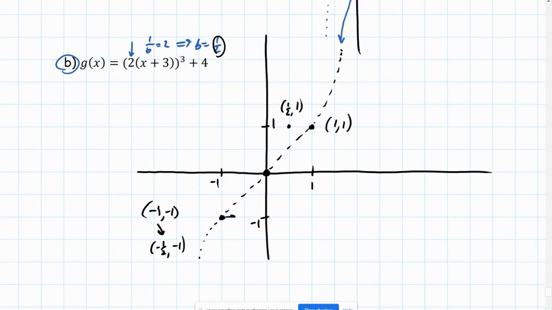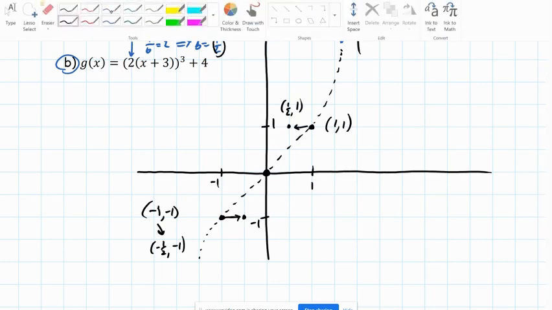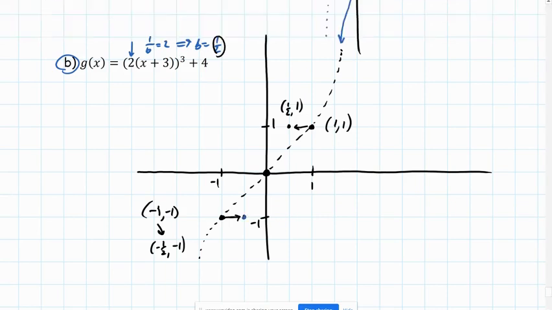So that point moves to there, that point moves to there, and so now we have our new points with the horizontal compression. So this would look like this now. Okay, there's our horizontal compression.